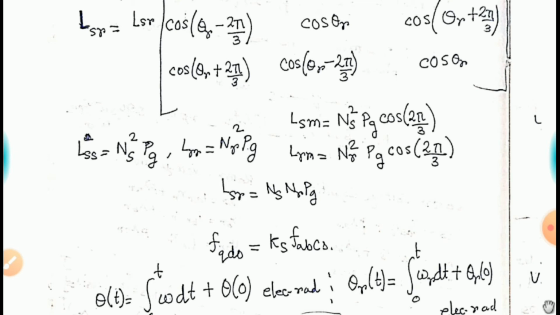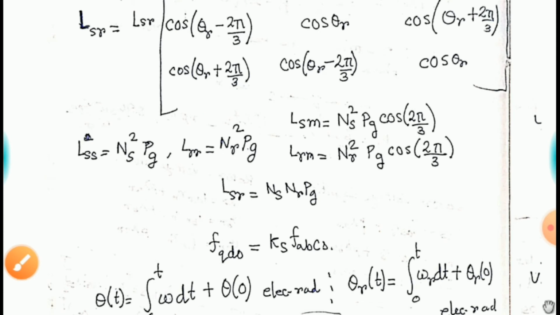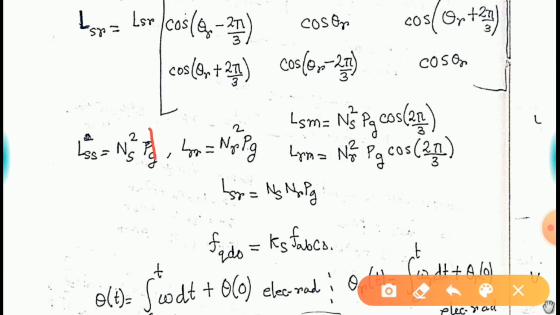And the same Pg is valid for your LSS and LRR. Actually, I cannot draw it properly here and it is consuming unnecessary time. I'll share a better video where we'll see how that permeance will vary with the intermediate distance, right? And everywhere you will see it is Pg, that permeance term remains the same everywhere, right?